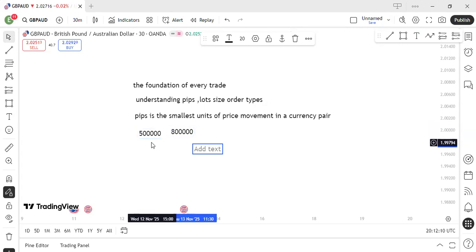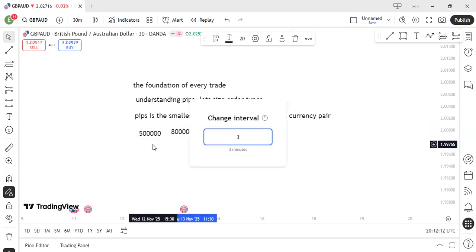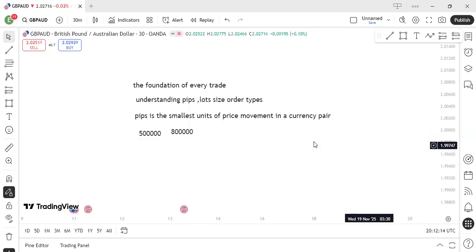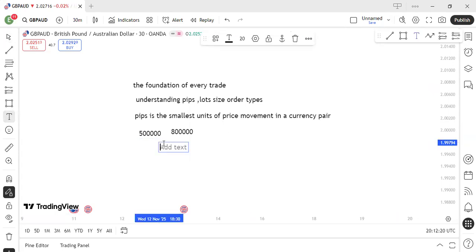That means price moved by 300,000, so 300,000 is called the pips. Are you with me? Based on this understanding, I think you just get an understanding of it.